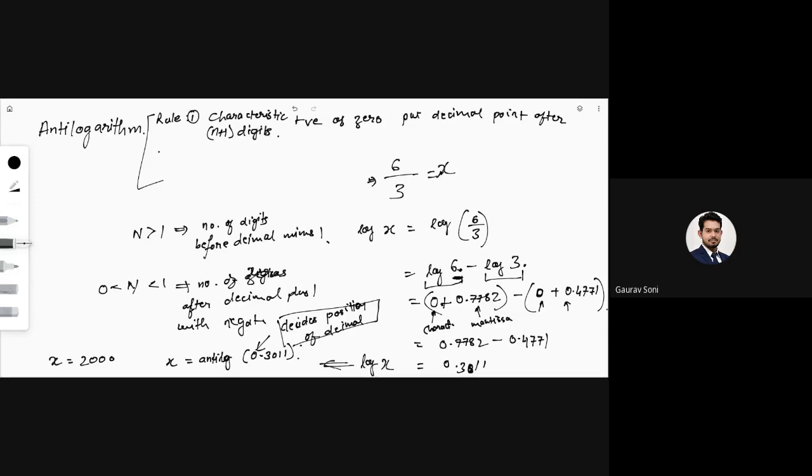The second rule is: if the characteristic is negative, then put the decimal point in such a way that it succeeds n minus 1 zeros.